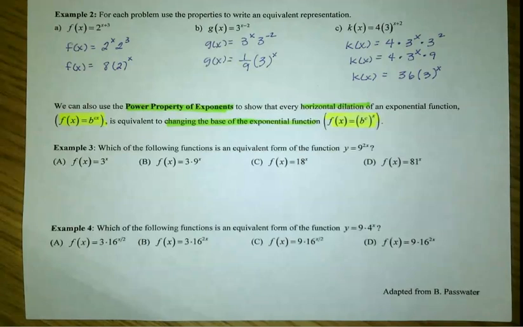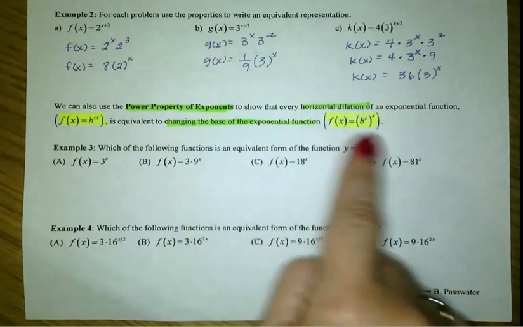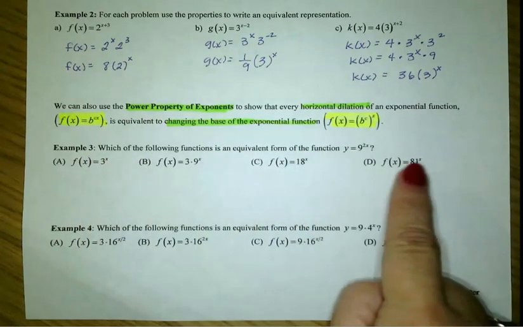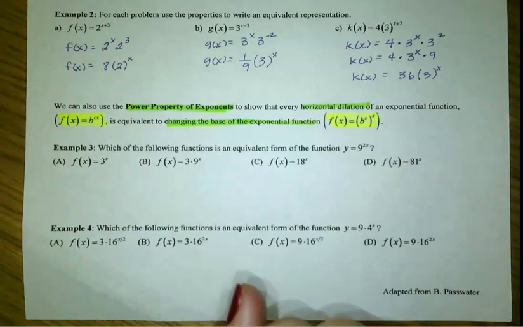So in the first one, on example 3, which of the following functions is an equivalent form of the function y equals 9 to the power of 2x? So you're going to manipulate this using your powers and figure out which one of these is the right answer choice.